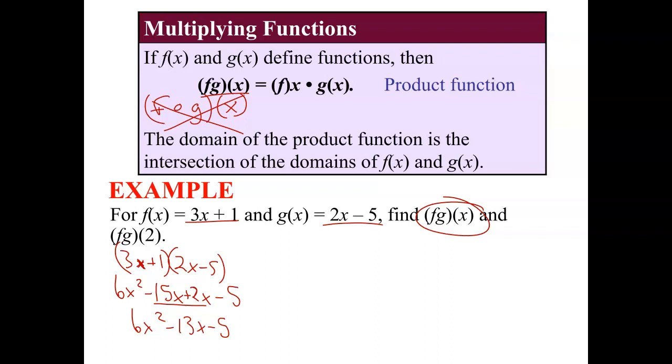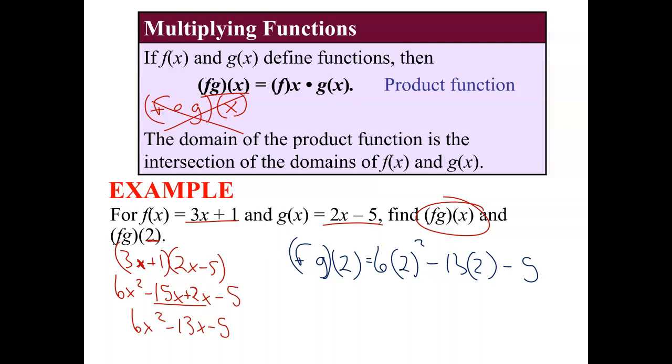Now, if I have f times g of 2, what do I do with that 2? Plug it in. So f times g of 2 is going to be 6 times 2 squared minus 13 times 2 minus 5. We plug it into that multiplication. Now, I want to make another special note.